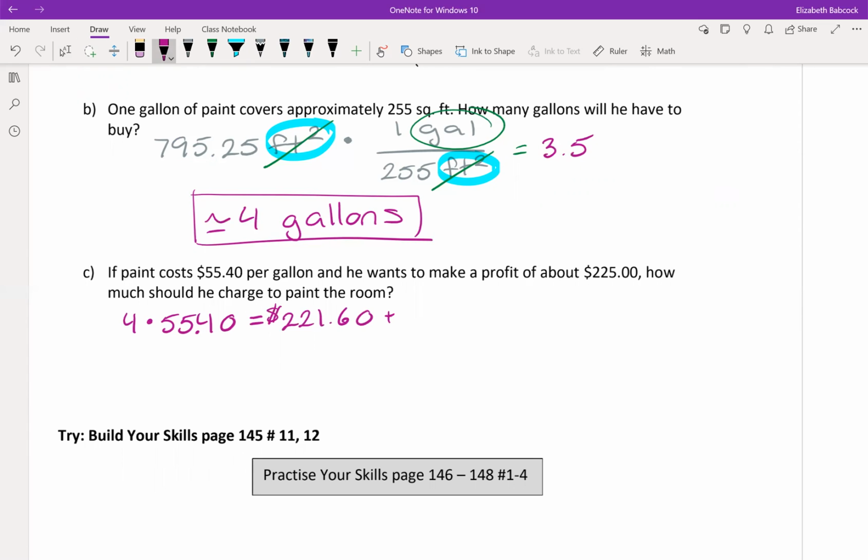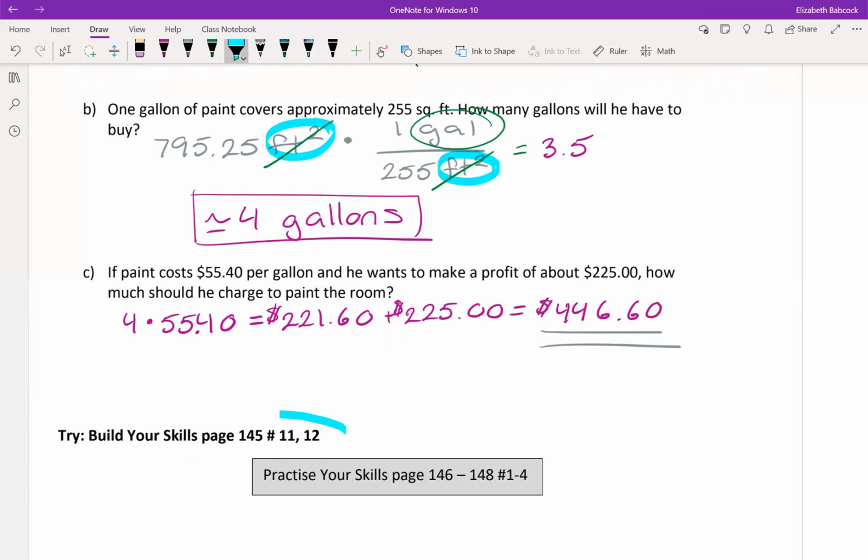Plus, he wants to make a profit of $225. That means that he should charge approximately $446.60. Okay, so these calculations can be important when it comes down to how much do you charge to make something? How do you figure it out?